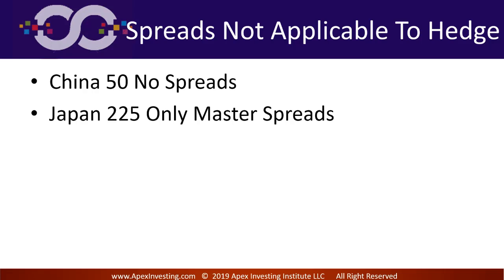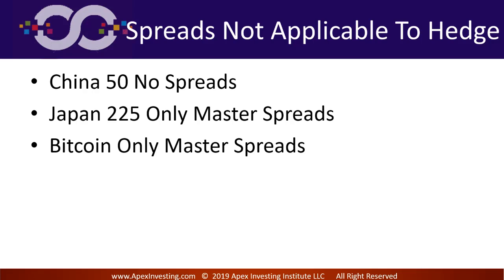Most people don't have an actual Nikkei 225 account, but maybe on the CME they might have the contracts available there, depending upon your broker. But again, probably something to not really worry about. Bitcoin, they only have a master like weekly and monthly spread, and they tick in weird sizes and all that stuff. Not really ideal for the hedge.